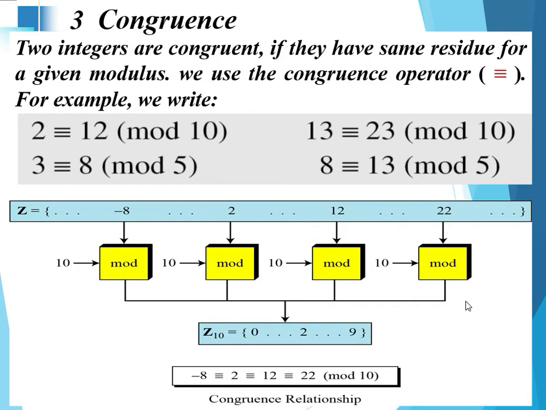The congruence operator maps a member from Z to a member of Zn. Second, the equality operator is one to one. The congruence operator is many to one. These are the major differences.